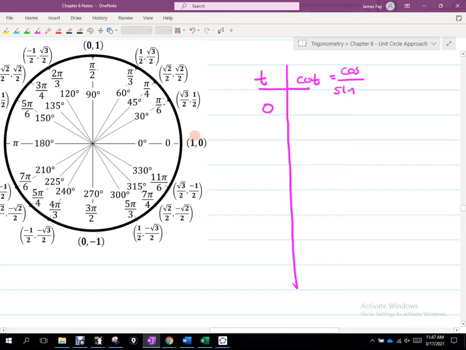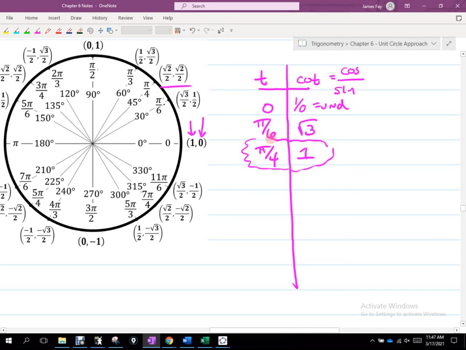So at 0, what is the cosine divided by the sine? It's 1 divided by 0. Undefined. At pi over 6, we have radical 3 over 2 divided by 1/2. It's going to be radical 3. Pi over 4, 1.